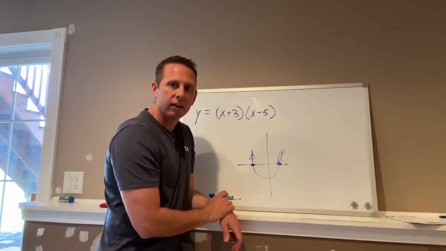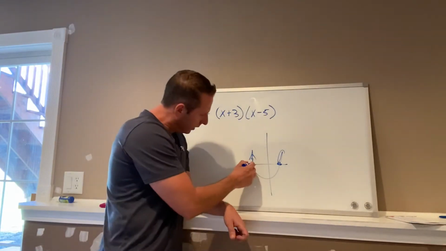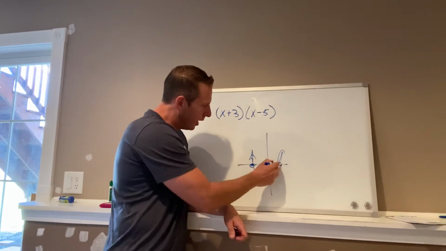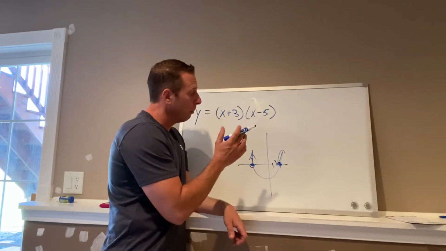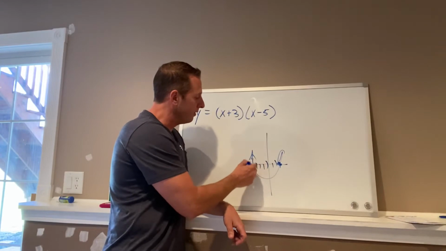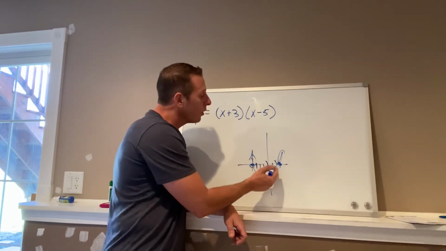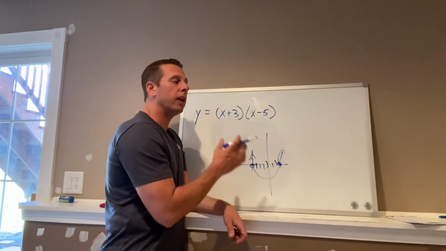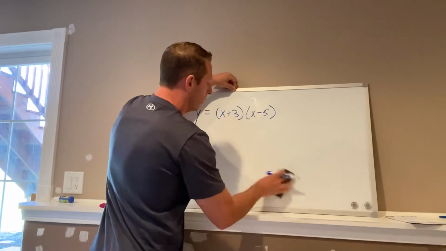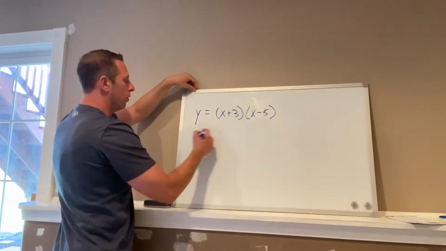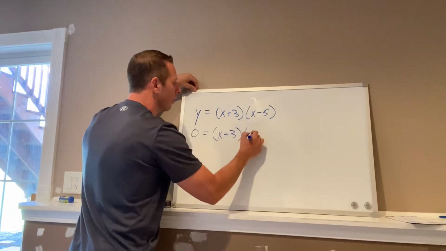Those are the x-intercepts. What is the y-coordinate there and there? 1, 2, 3, 1, 2, 3, 4, 5, 6. So (-3, 0) and (5, 0) would be the solutions there. It's when y is 0. So what we want to know is when is y 0?